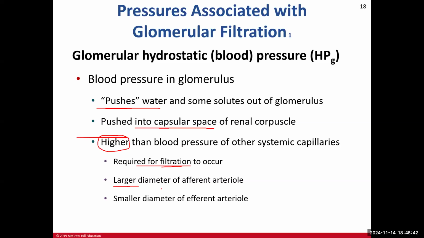That setup is going to help contribute to that increase in filtration pressure. It almost backs up the blood. Now, I don't want you to think it becomes stagnant, but it's going to be able to increase the pressure so we can push it out of the glomerulus and into the capsular space.